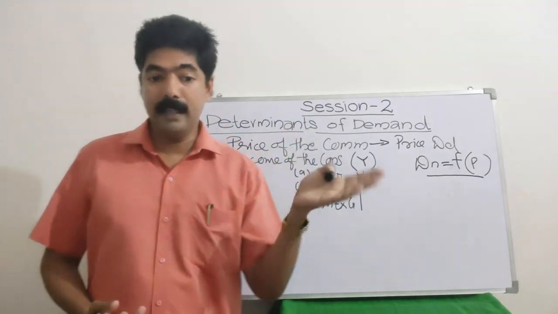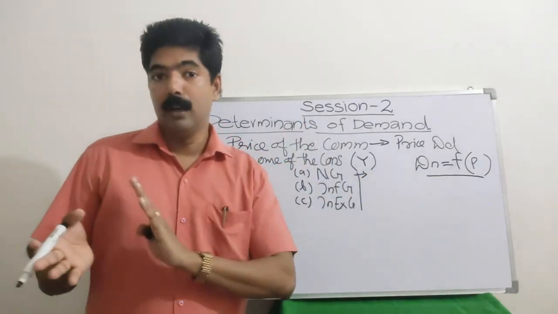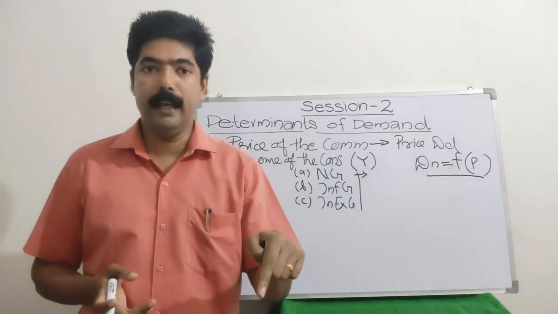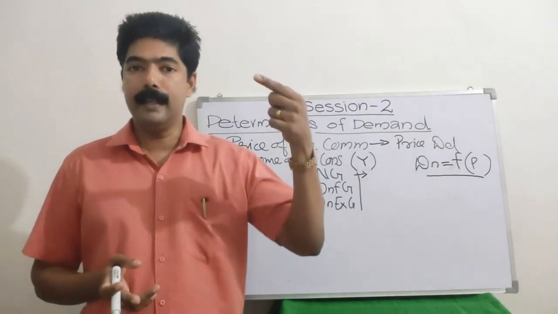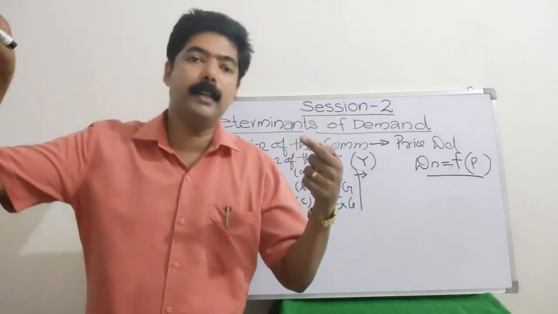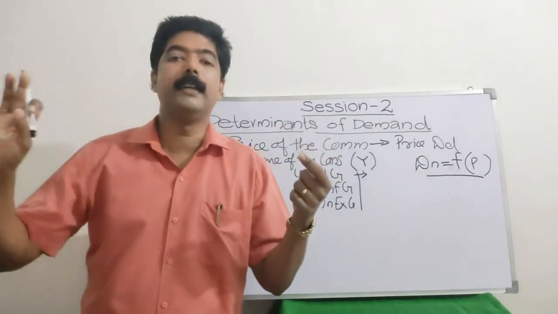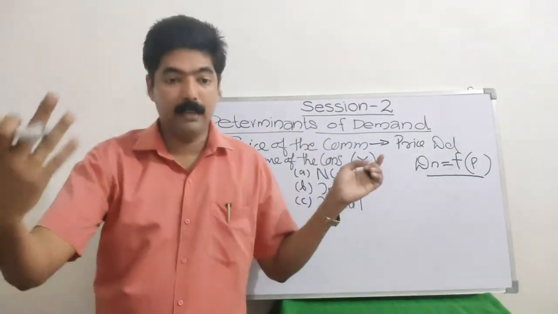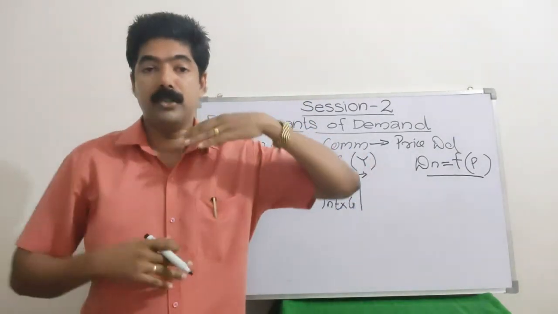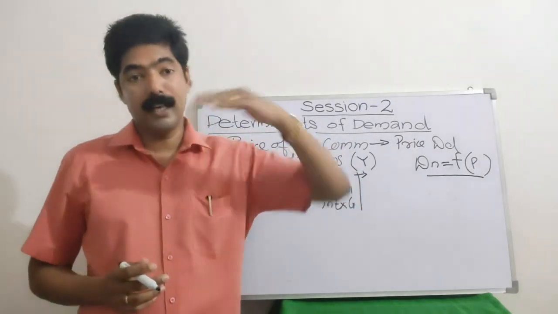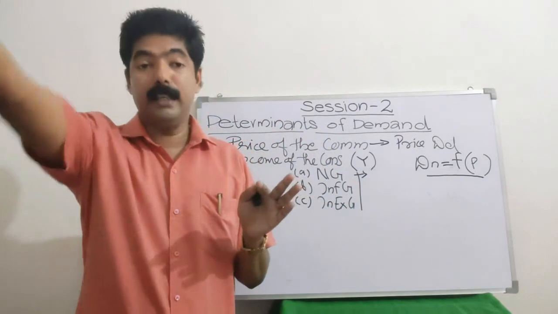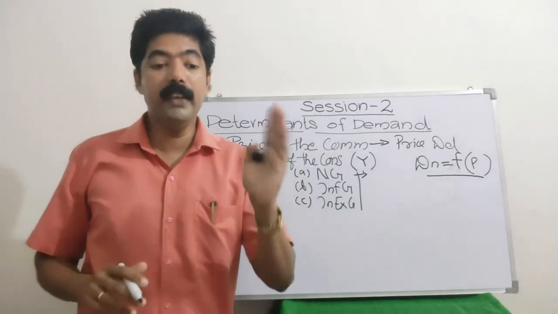So what relation can we see here? Once our income increases, the quantity demanded of that commodity decreases, not increases. The consumer can easily transfer from inferior goods to superior goods.